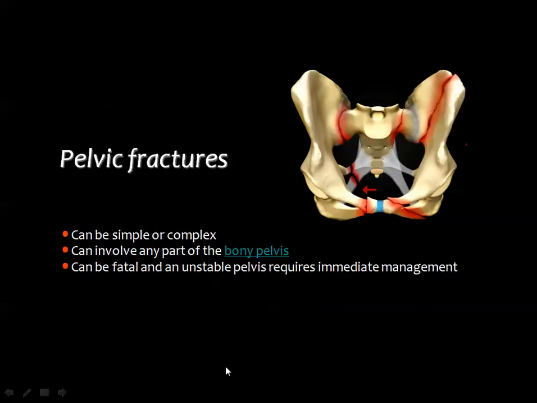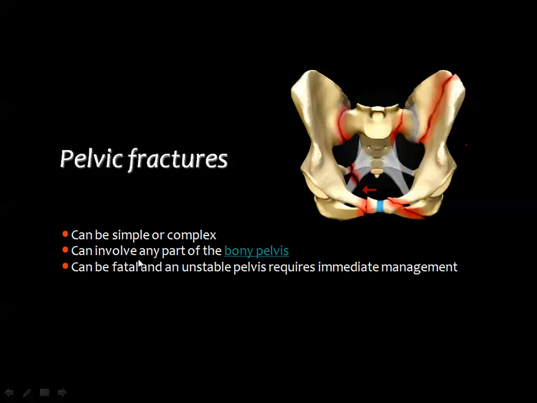the stress fractures. And you know that the pelvic bones are aligned in a certain way so that the direction of trauma will affect the type of a pelvic fracture.